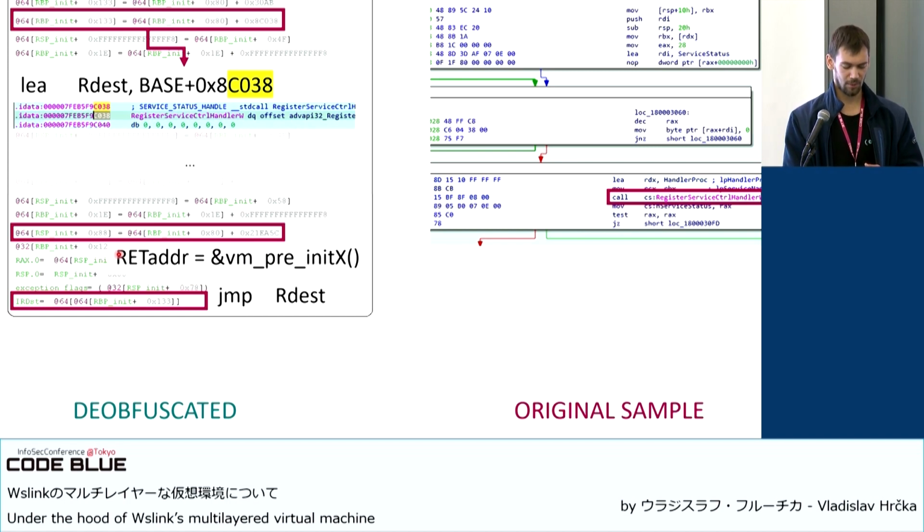And before that, we set the return address of the call to a function again relative to the base address register, and actually we choose a certain VM preinit based on the operands. And after the call is executed, we actually jump again to another VM preinit, which means that there are certain blocks of functions virtualized like this. And to deobfuscate the entire function, we would have to follow the next VM preinit and continue like this.